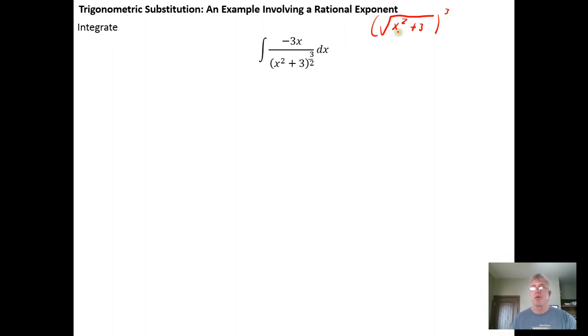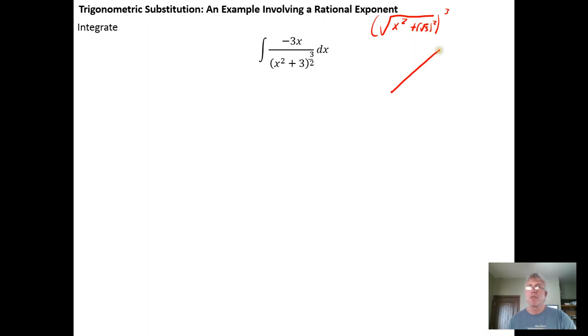So the square root of x squared plus 3, quantity cubed, is the same as x squared plus 3 to the 3 halves power. And we want to recognize that we have the sum of squares under here, because 3 can be rewritten as the square root of 3 squared. So we have a sum of squares.